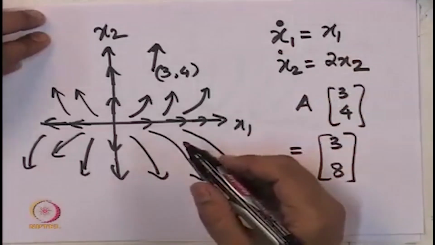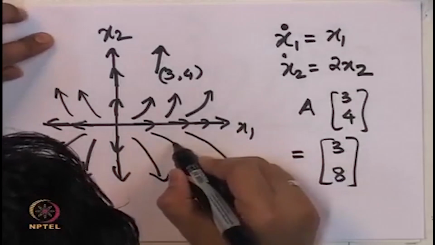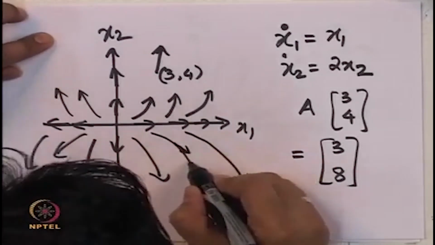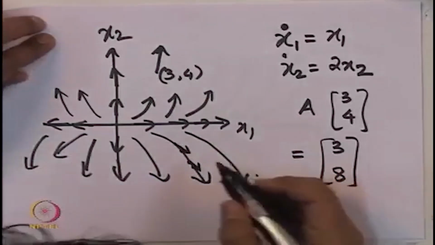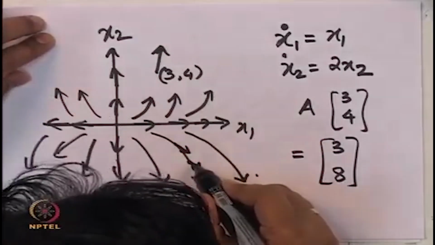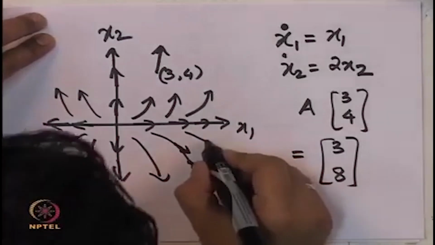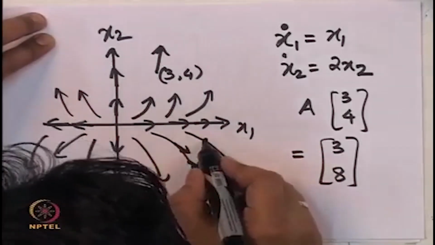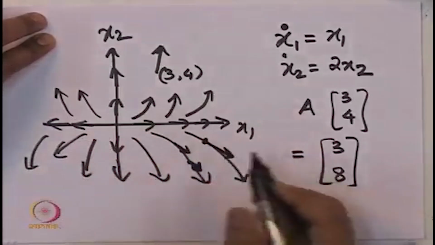So, what is a trajectory? Let us make note of an important property here. A trajectory is a curve such that at each point when we draw the tangent to this curve, we get an arrow, and that arrow is precisely f of x at that point. So, suppose at this point we draw this particular tangent to this curve, it is this particular arrow.